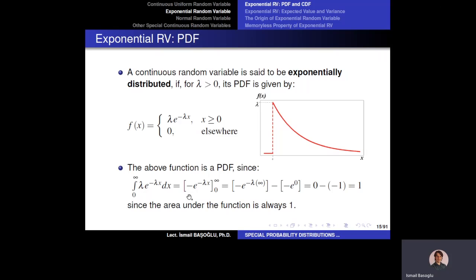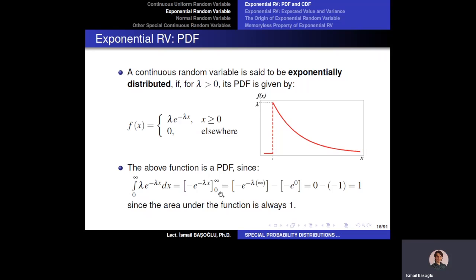However, we are going to write it in the denominator. So lambda times minus 1 over lambda times e to the power minus lambda x. So lambda and minus 1 over lambda cancel out, and there will only be a minus sign remaining here.